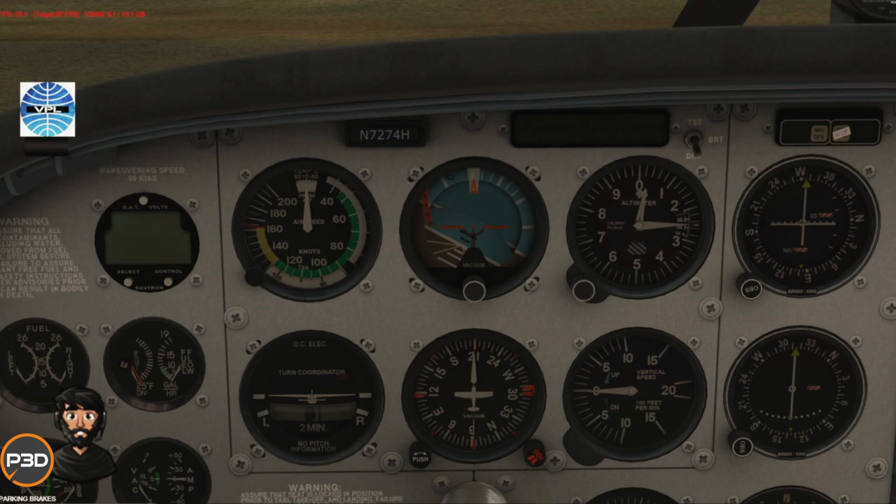And basically, it's goodbye birdie after that. In a pressurized aircraft, obviously, you can go higher, but knowing the ceiling height is crucial. And the altimeter basically tells you how high you are.